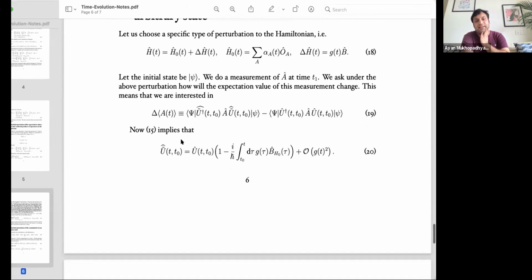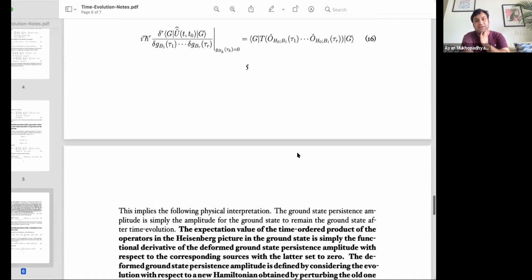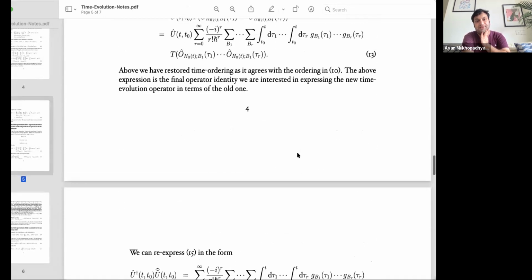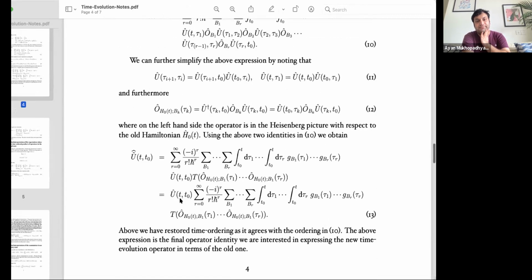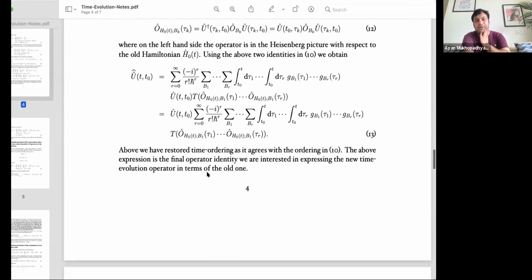Now what I'm doing is simply the first step. If I look at this expression, U tilde is equal to this, and the first term will be 1, the second term would be simply what I wrote.